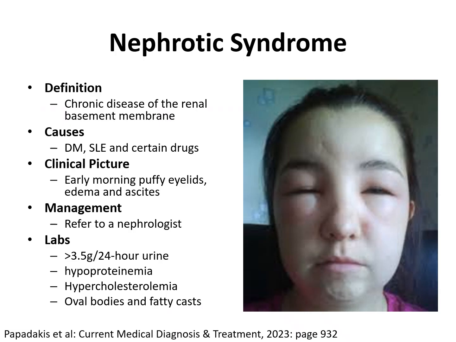Next cause of edema with a low albumin in the blood is nephrotic syndrome. Nephrotic syndrome is a chronic disease of the renal basement membrane.